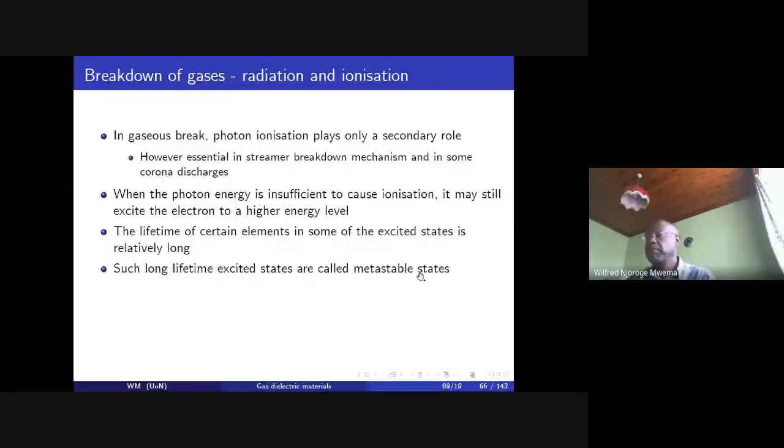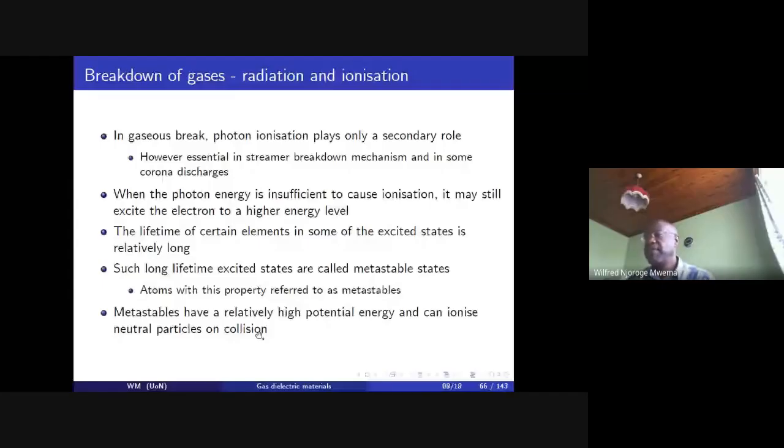So atoms that have this property are referred to as metastables, and because they have relatively high potential energy, they ionize neutral particles when they collide with them. As the electron relaxes back to the ground state, it produces enough energy to ionize another material.